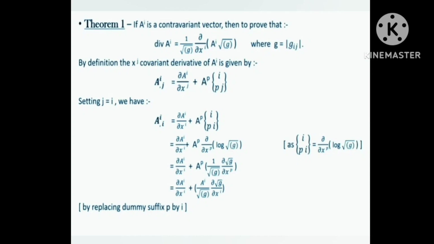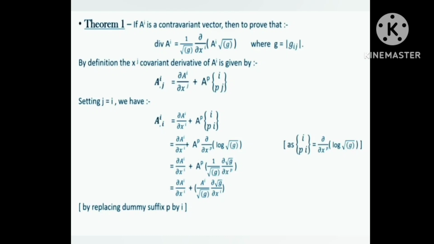Now del A^I upon del x^I plus A^p del upon del x^p log root g, which is equal to del A^I upon del x^I plus A^p 1 upon root g del root g upon del x^p, which is equal to del A^I upon del x^I plus A^I del root g upon root g del x^I.